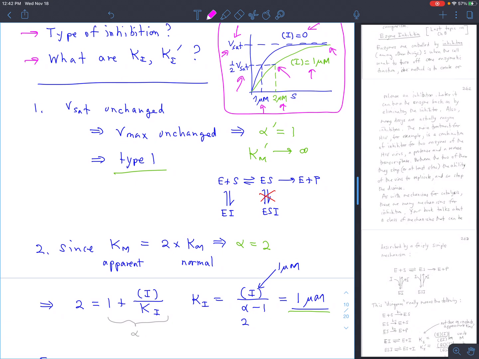The fact that Vmax is unchanged means that alpha prime is equal to 1 no matter what inhibitor concentration we use, and therefore the Ki prime value, we don't know really how big it is, but it's pretty large. It's at least 100 times bigger than whatever inhibitor concentration we're putting in there, right?